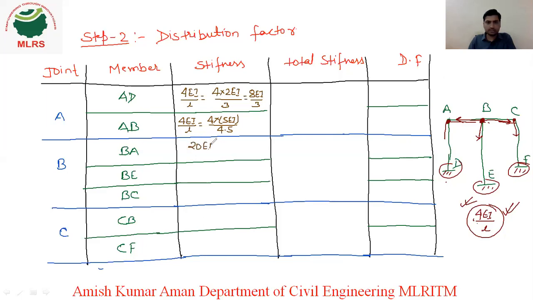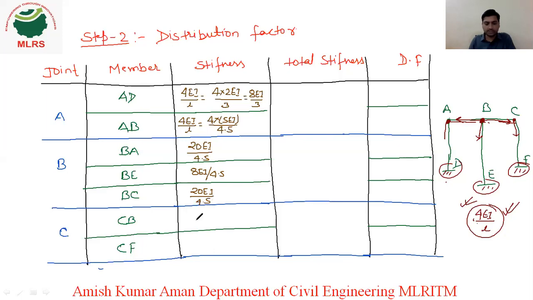(20EI upon 4.5). Again for BE, 2EI is given, so 8EI upon 4.5. Next for BC, again 5I is given, so 4 into 5I is 20I, EI upon span is 4.5, so 4.5.